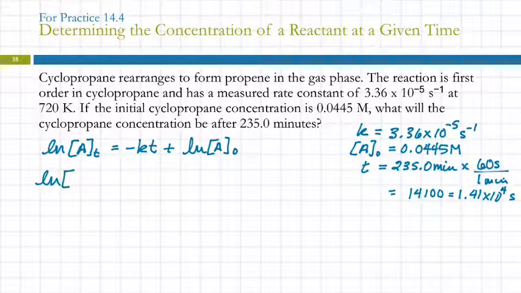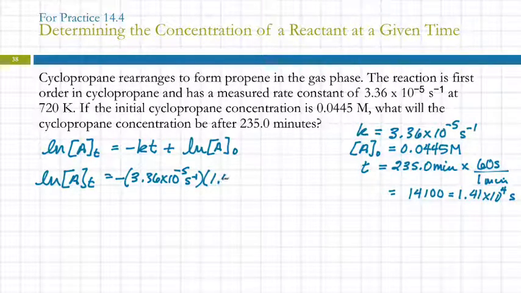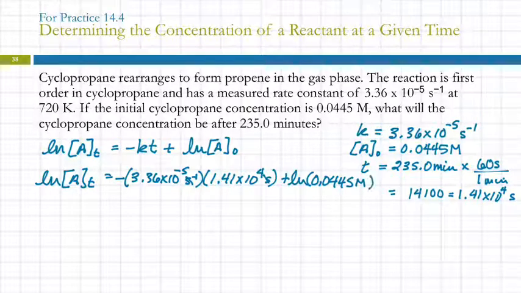So the natural log of A at t is equal to negative 3.36 times 10 to the minus 5 reciprocal seconds times the time, 1.41 times 10 to the 4th seconds. Those units are going to cancel out. Plus the natural log of that initial concentration, 0.0445 molar.